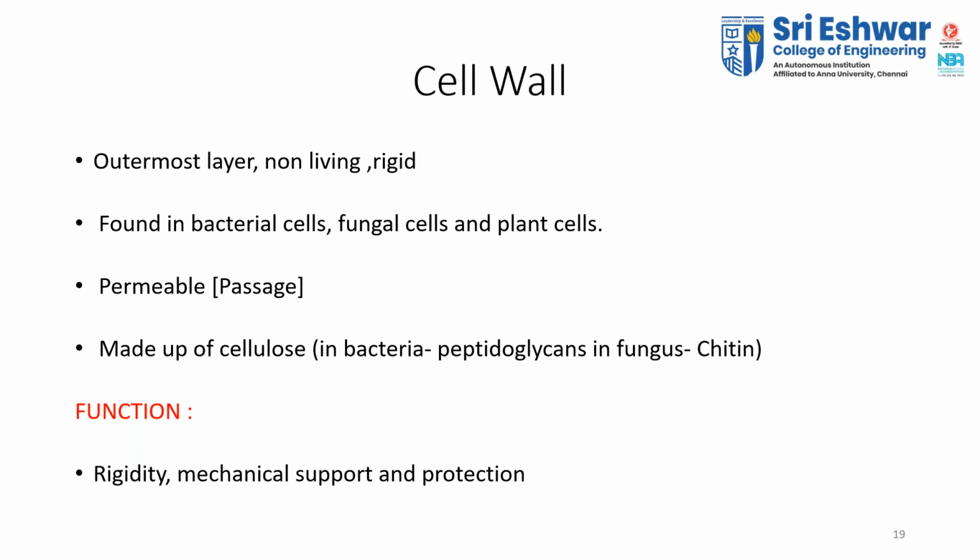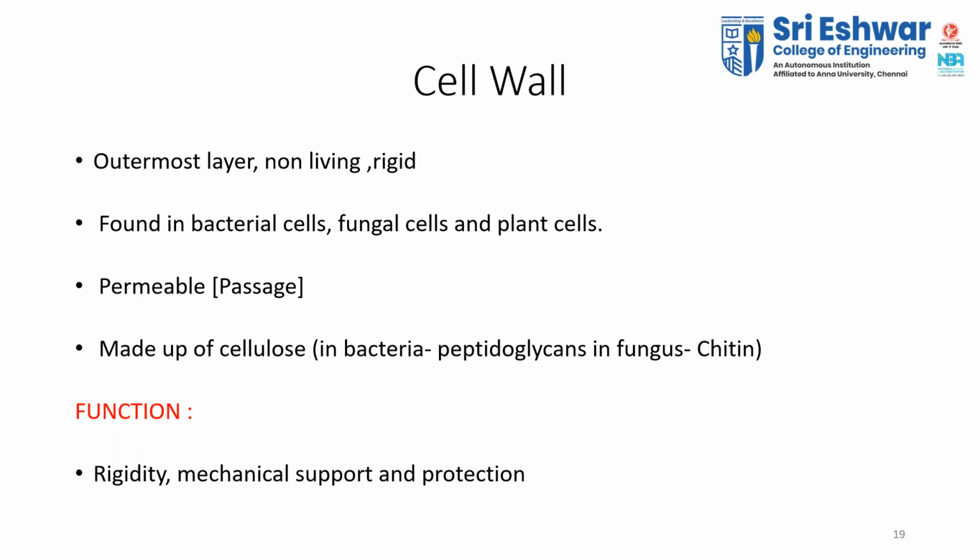It is permeable. Permeable is nothing but a passage; it allows things to get in. It is made up of cellulose, and the function is rigidity, mechanical support, and protection. So it supports mechanical action and protects your cell. This is the cell wall, which is the outermost layer of the cell.